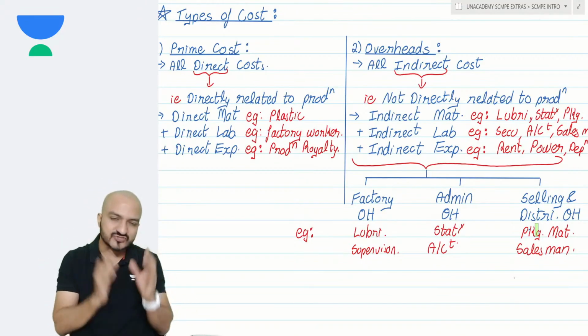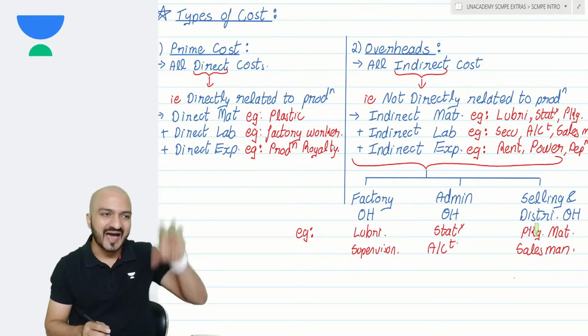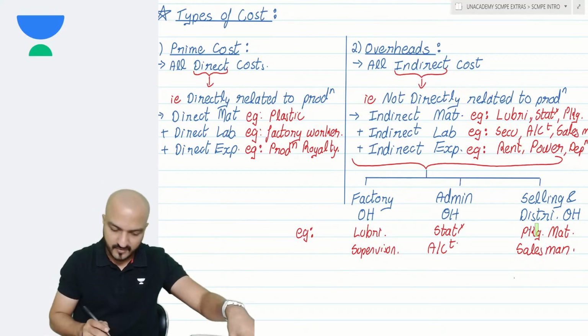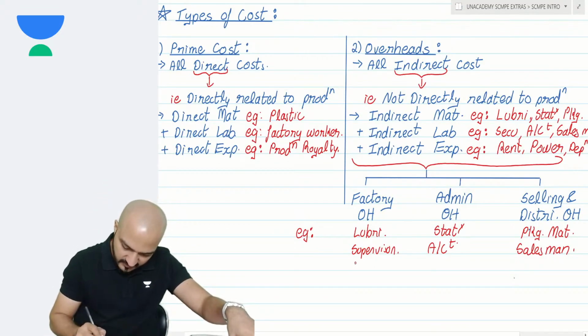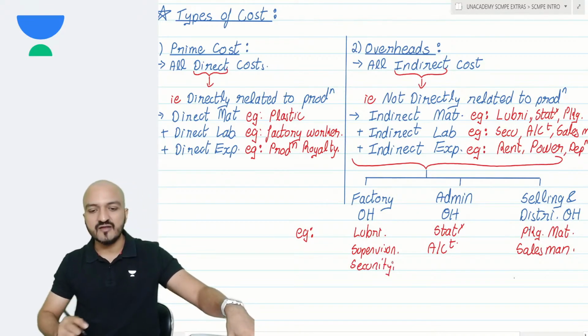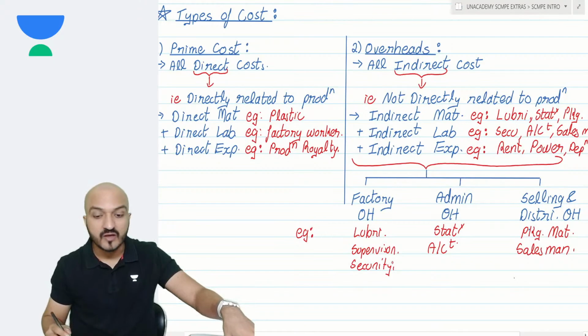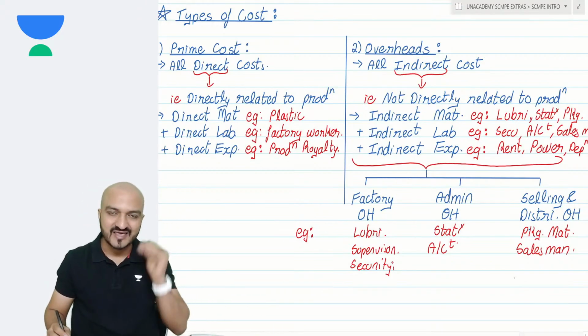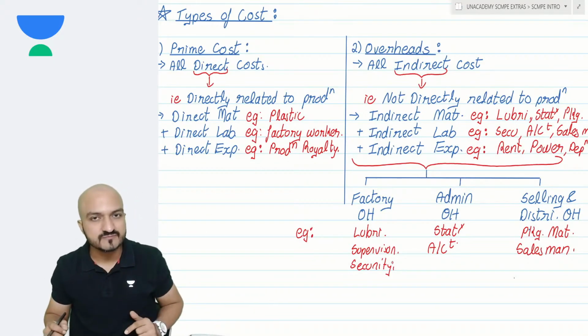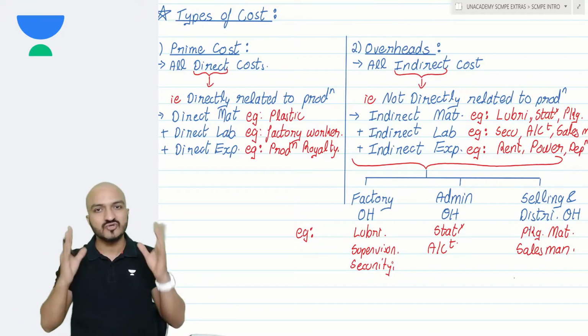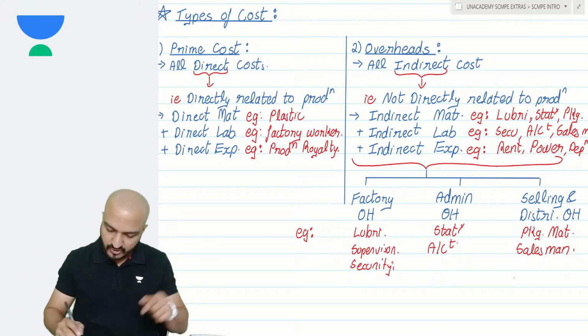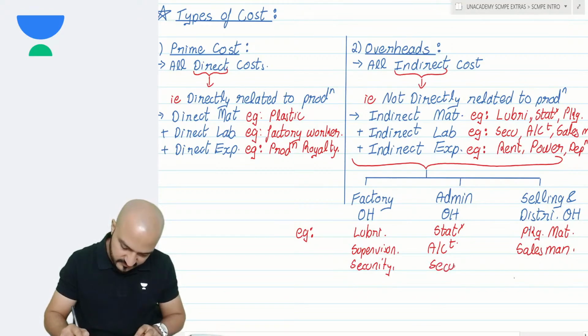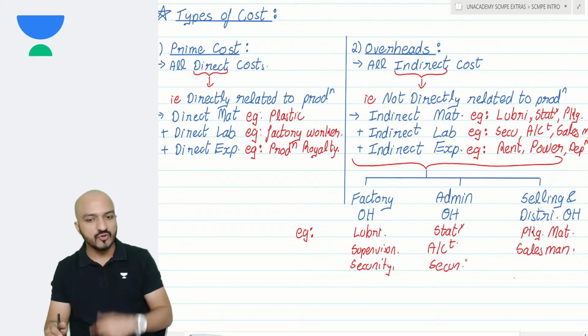Why? Because see, if the security guard is positioned at the factory gate, then security guard salary will become factory overheads. If the same security guard is kept in the accounting office, because the accounting office will also have a security guard, then he will become admin overheads.